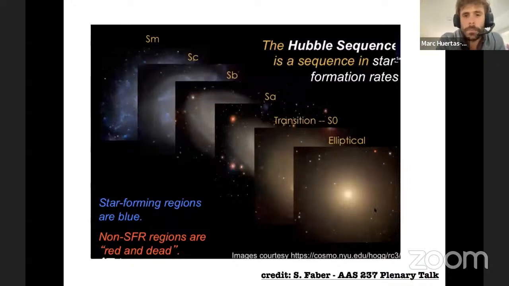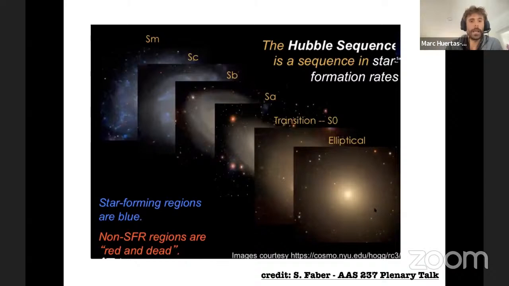We're trying to understand how the current population of galaxies emerged, and one of the key results of the past decades from observing large numbers of galaxies is that there's a bimodality in the local universe in which we have disk galaxies and bulge-dominated galaxies, what we originally called the Hubble sequence, but it's in fact a sequence in star formation rate.